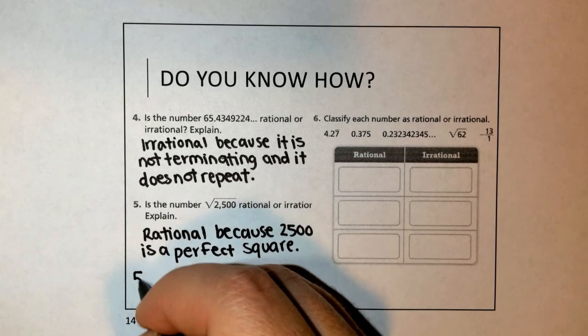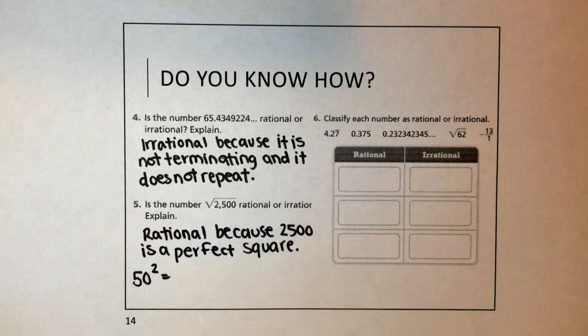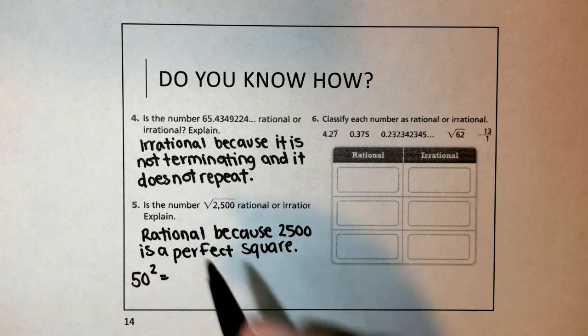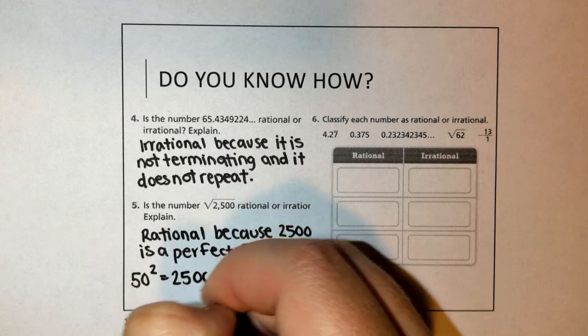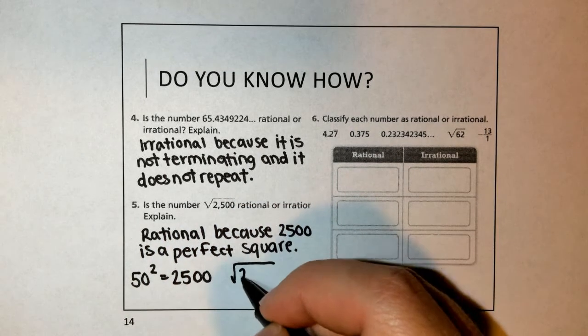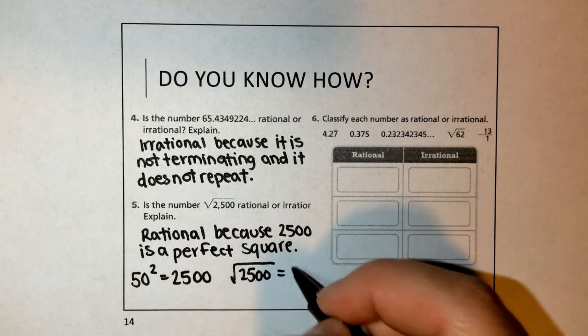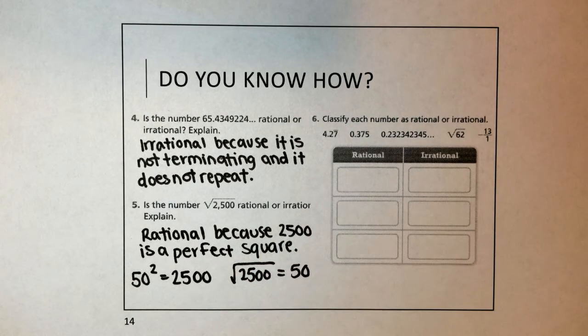So 50 squared, or 50 times 50, gives me 2,500. So that means the square root of 2,500 equals 50. So that would be a rational number.